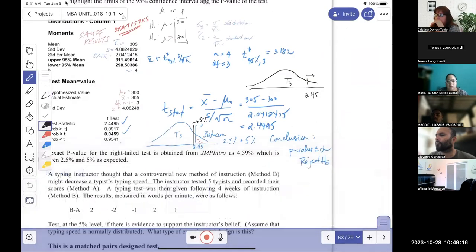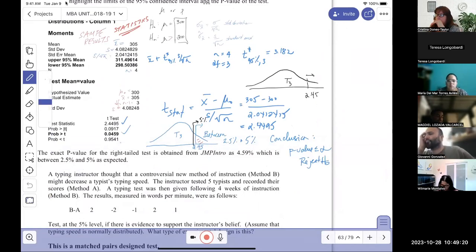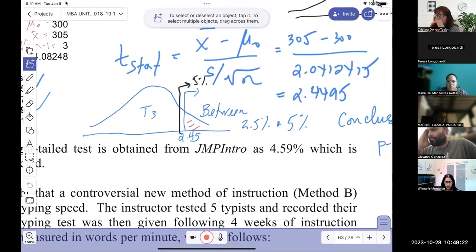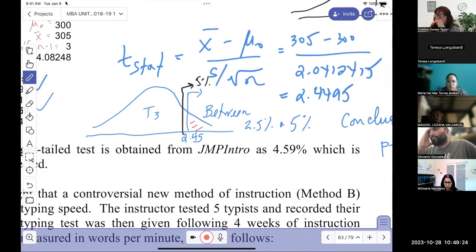So it's really right there, right? The black is the cutoff, and we're just under it. So we are in the reject.